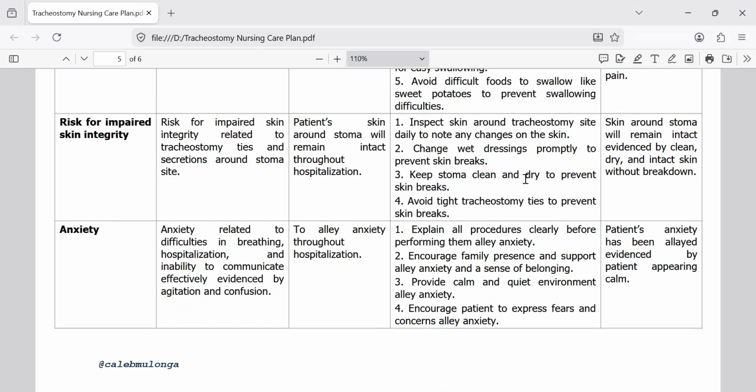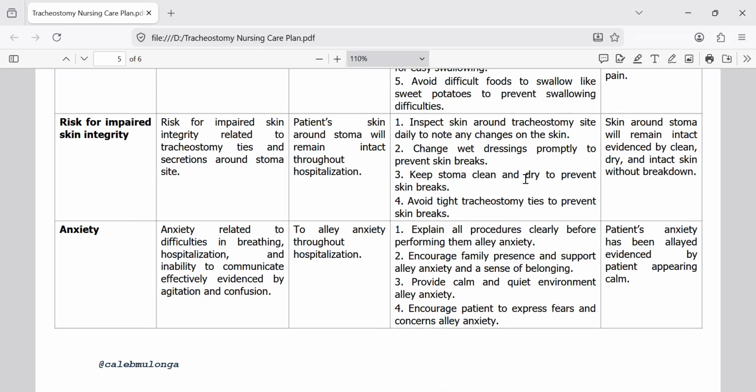Okay, goal. The goal is to allay anxiety throughout hospitalization. Again, you can start with patient. Patient's anxiety should be allayed or will be allayed throughout hospitalization. It is okay to put it like that. Interventions.